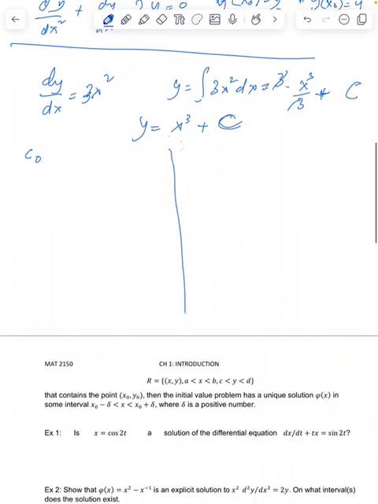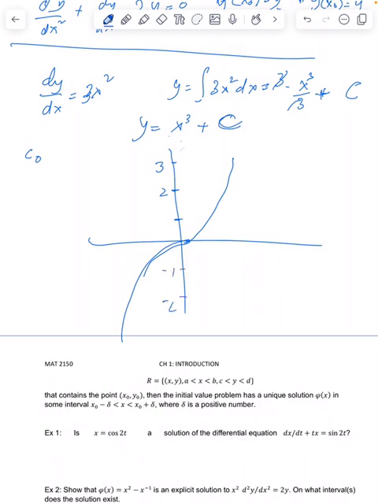So let's draw or sketch some of these. So I have the cube graph, something like that. This is 1, 2, 3. So this will be when C is 0. Now if I have C equal to 1, then my graph will be something like that.